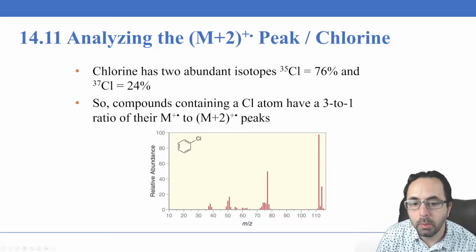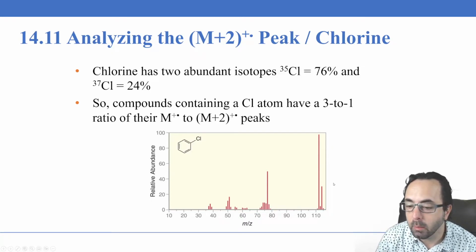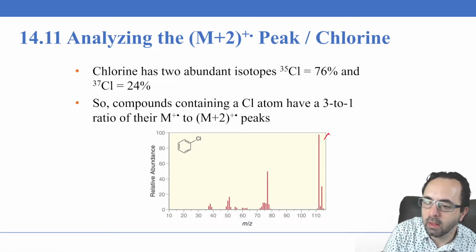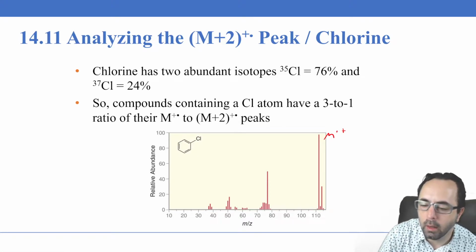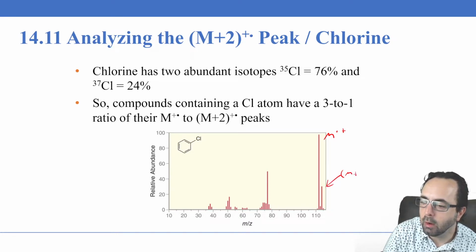Another thing to look for are the M+2 peaks. So M+2 peaks are a dead giveaway for a halogen atom, especially depending on their ratio. So chlorine comes in two common isotopes, chlorine that weighs 35 versus chlorine that weighs 37. And so for this chlorobenzene here, the parent ion is going to have a mass of 112. So here's the parent ion, and then we have an M+2 peak right here.